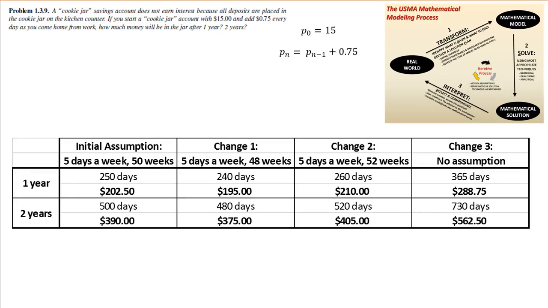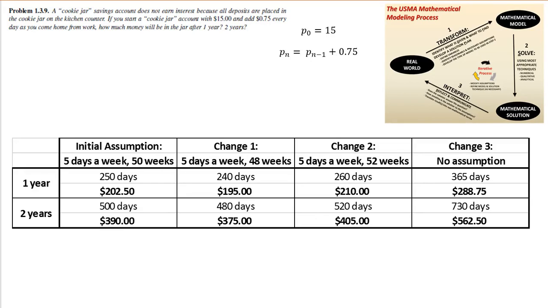This table summarizes our findings based on changing our assumptions. We have our initial assumptions, change 1, change 2, and change 3, which was as though we made no assumption at all. I asked you the question, do our assumptions truly affect the solution?